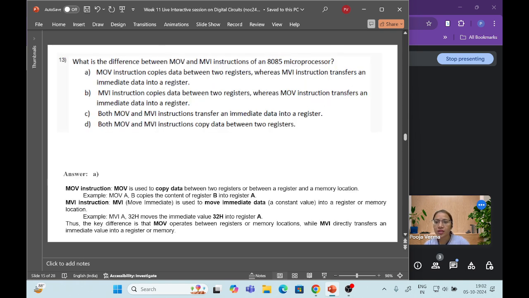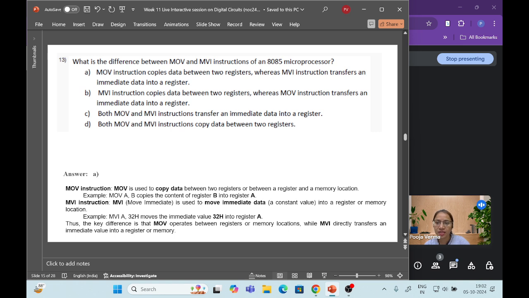Next question is, what is the difference between the MOV and MVI instructions of the 8085 microprocessor? Option A is MOV instruction copies data between two registers, whereas MVI instruction transfers immediate data into a register.